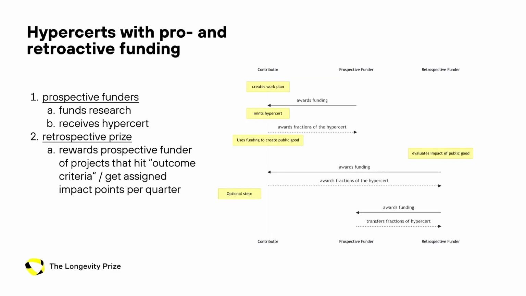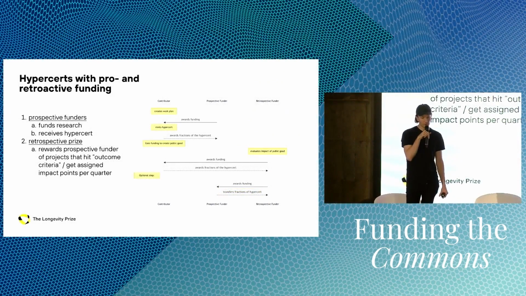Repeating the graphic there, the core is to create a novel incentive and upside for a prospective funder to come in and fund research that might be public good medicine and doesn't have a financial payoff. The retrospective prize rewards and pays for that.